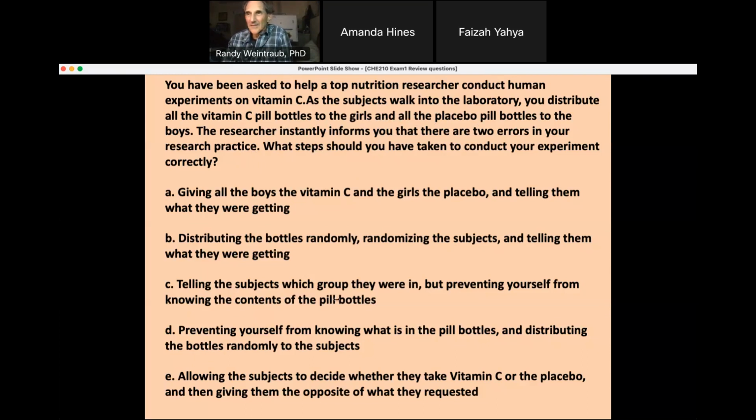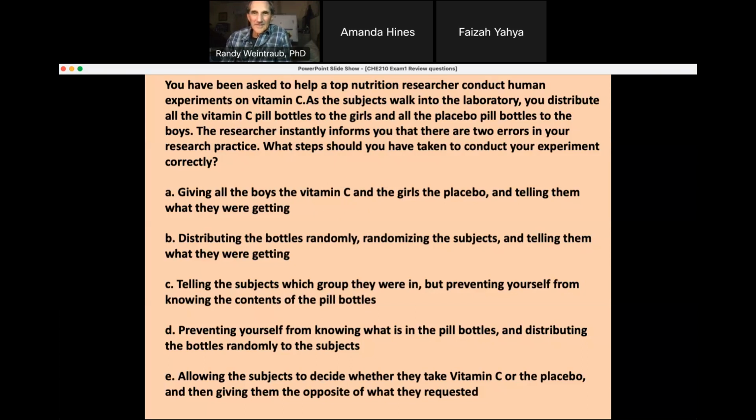So kind of obvious, but this is some of the possibilities. So obviously there's bias there to girls and boys. That's not a great kind of way to do research. Plus, it's clear that you gave the placebo when you gave the active, you gave the treatment bottle to others.